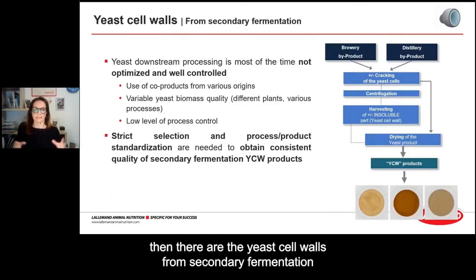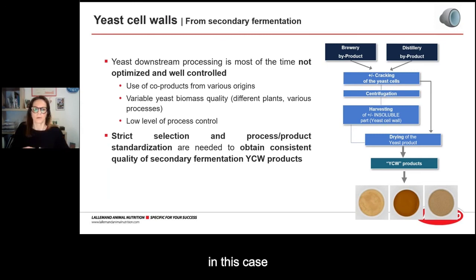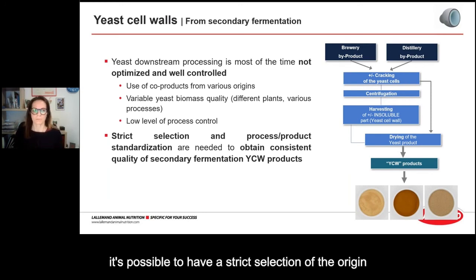Then there are the yeast cell walls from secondary fermentation, which are yeast cell walls coming from the byproducts of brewery and distillery. In this case, products can come from various origin, from different biomass, so there is a lower level of process control. Nevertheless, it's possible to have a strict selection of the origin.